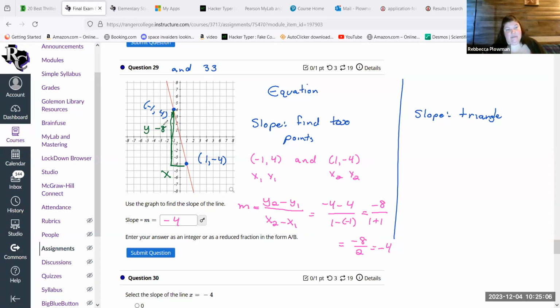My x is always increasing, and it goes up by 2. So slope was always the change in y over the change in x. So in this case, it's going to end up being -8/2 again, and we get the -4.